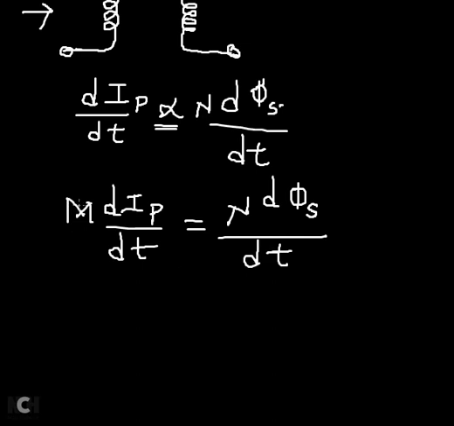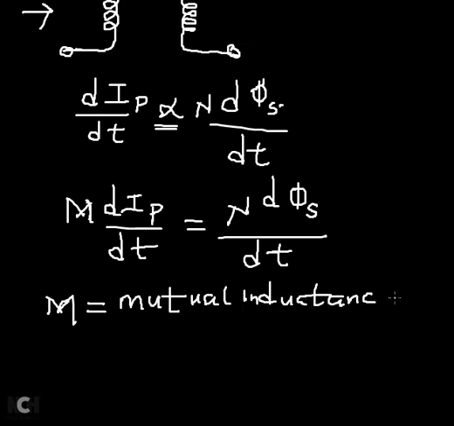So now, for me to change this proportional to an equal, I have to introduce a constant known as M. Now this M is a constant known as mutual inductance. So please take note of that.